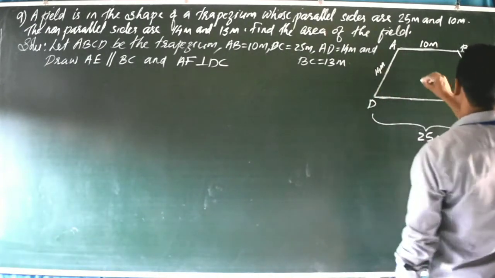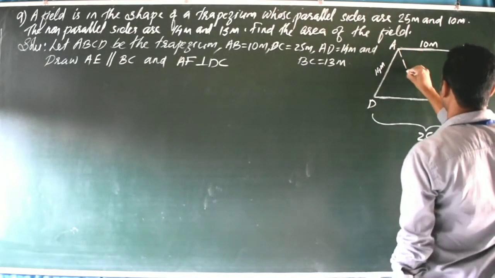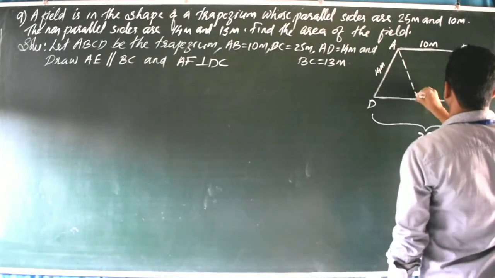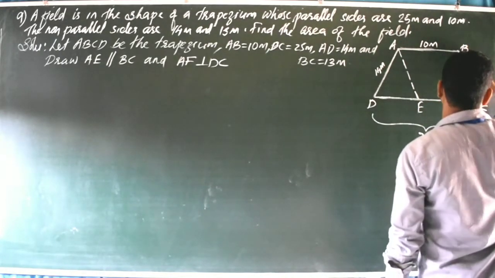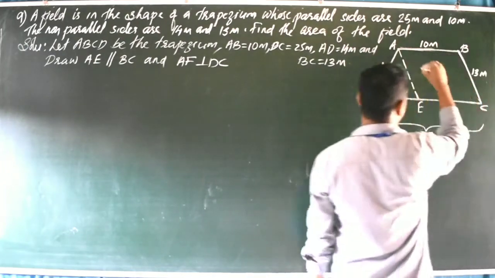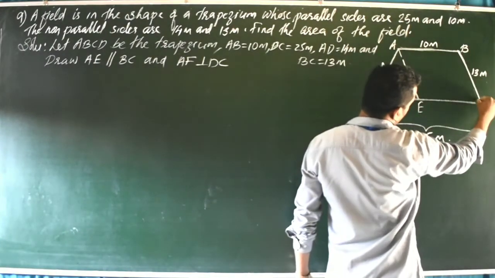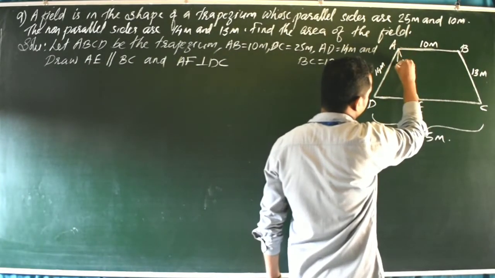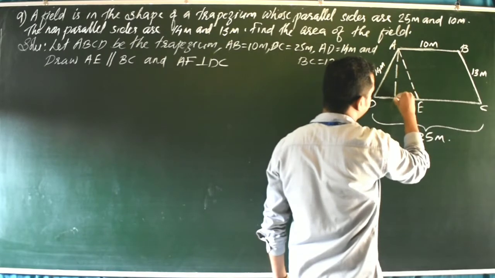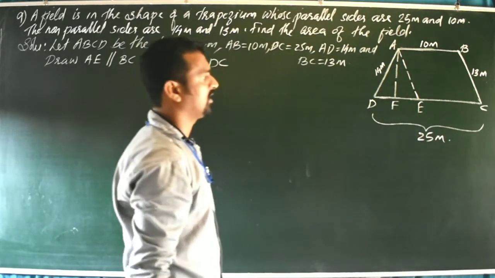AE parallel to BC, this one. AE and BC should be parallel. This one I have drawn is AE, parallel to BC. Then after that we will draw AF perpendicular to DC. This one is AF perpendicular to DC.